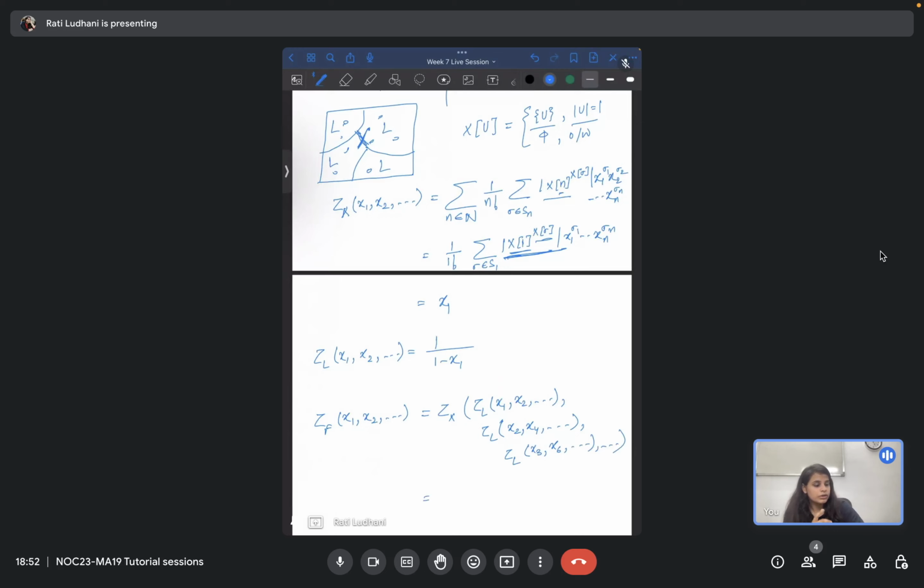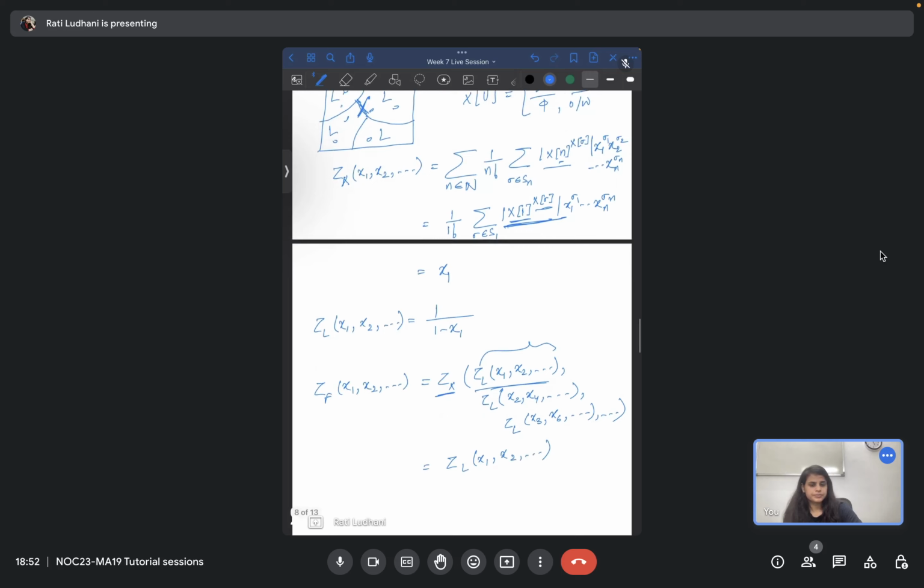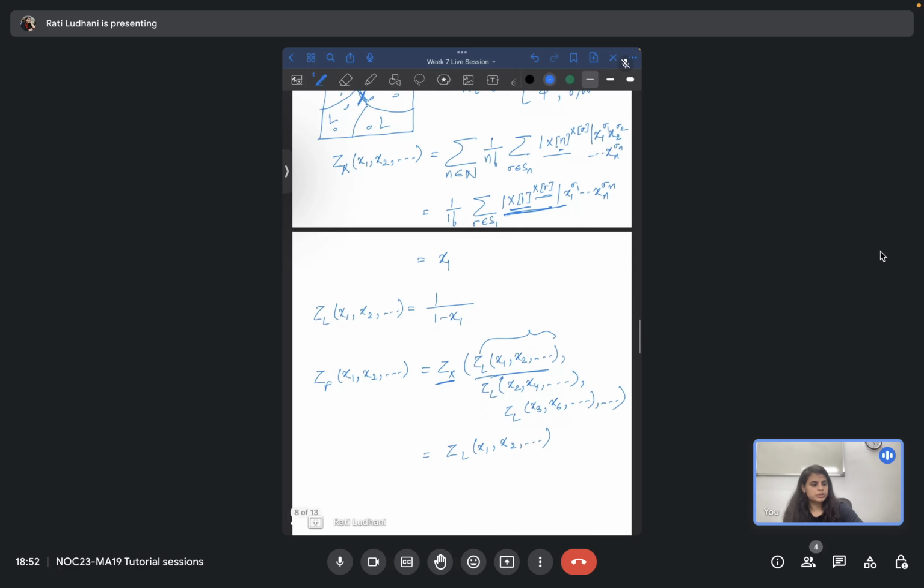So now what is zx? Zx says you just take the value for x1, so it's just x1. So you are actually using the composition formula. Is that clear? So I'm using the zx thing.